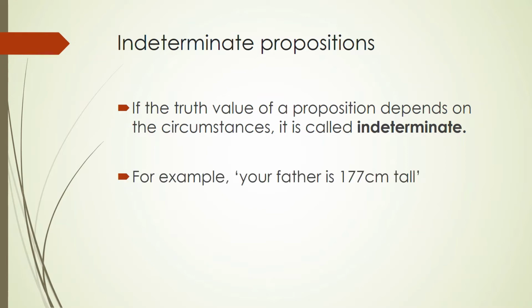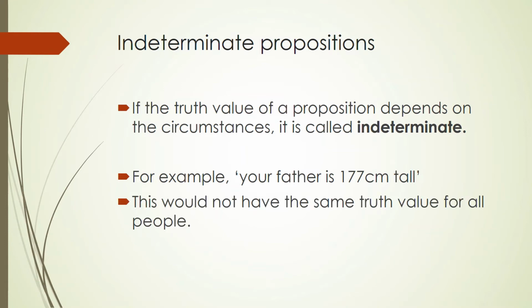For example, your father is 177 centimeters tall. That proposition is indeterminate because for some people it will be true, but for most people it will be false. The truth value depends on the circumstances. So it would not have the same truth value for all people.